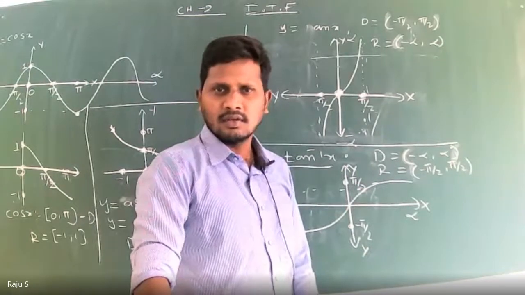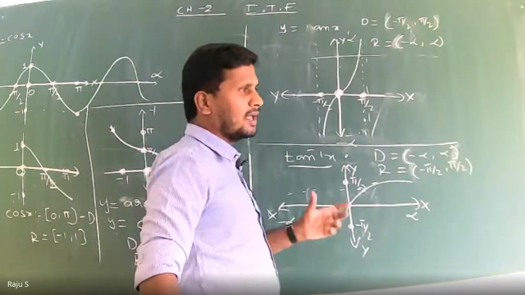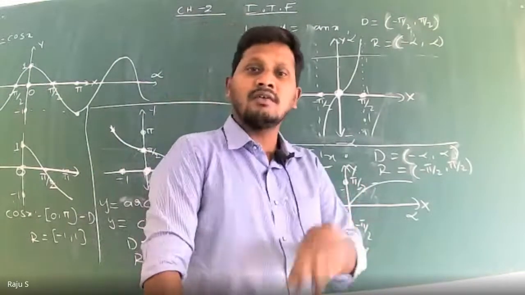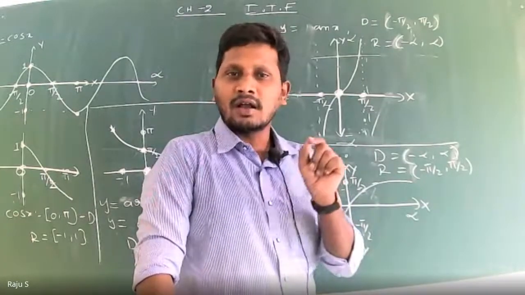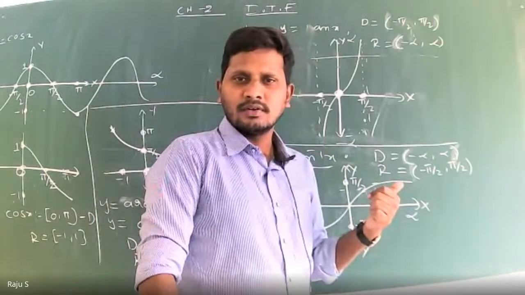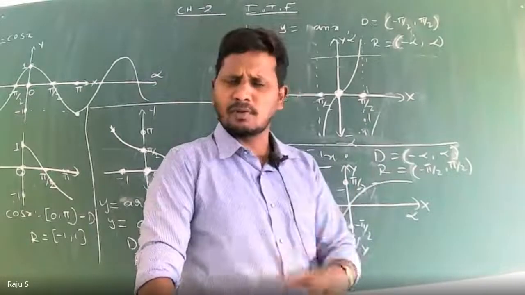If they ask the principal value branch of secant inverse, you can convert it into cos. For cot inverse, you can convert it into tan. Cosecant inverse, change it to sine. We will see many problems.